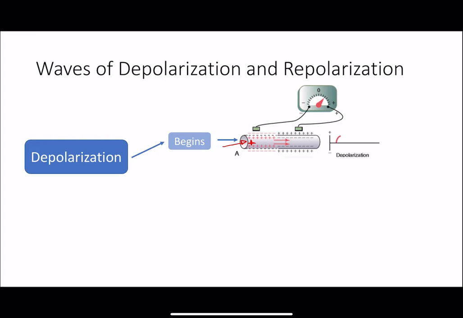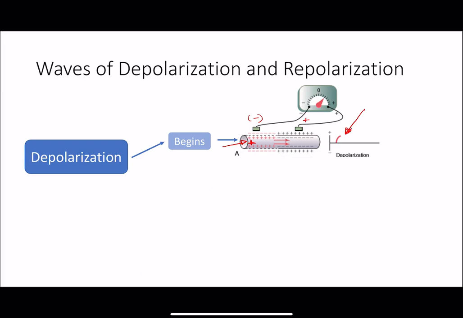So at this point, our reference electrode is here, our exploring electrode is here. Our exploring electrode is positive in relation to our reference electrode, which is now negative. So our lead is going to have a positive deflection, the graphical representation of depolarization. It's going to be in the positive direction because our exploring electrode is positive when compared to the reference electrode, which is negative.